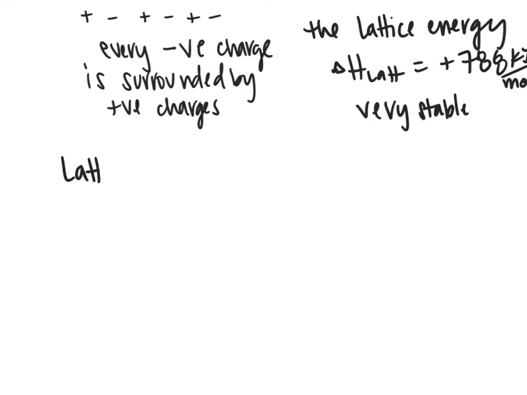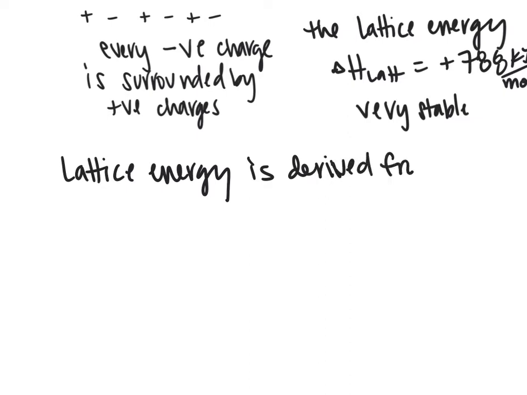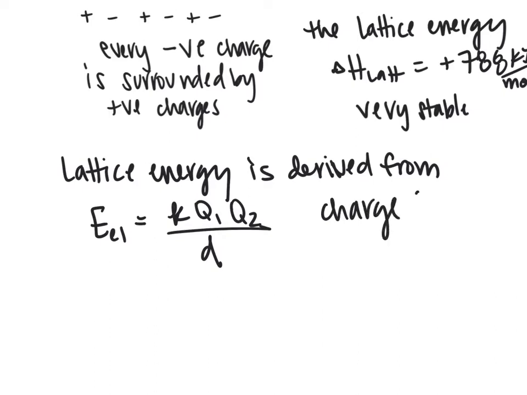Lattice energy is derived from the electrostatic energy, so E sub EL equals K Q1 Q2 over D. This tells us that the lattice energy is derived from the charge, which is Q, and the space apart, which is the atomic radius, which you can calculate in D. A bigger element has a wider distance, so it's going to actually have a smaller electrostatic energy.